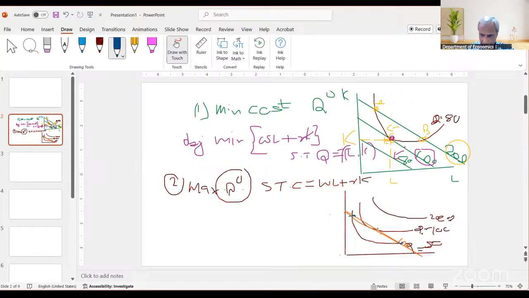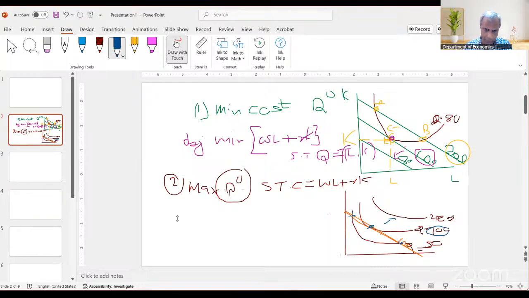The rational producers try to maximize output and can produce 100. So they reach this point, can't go further because there is not enough money, not enough budget.